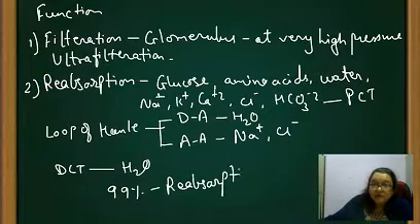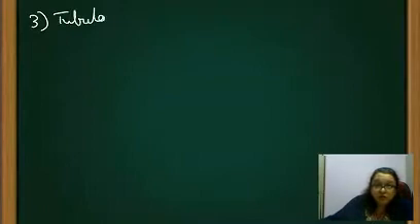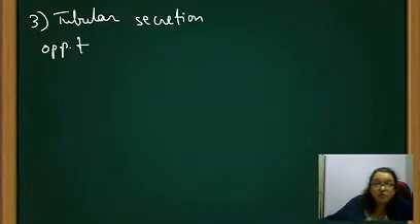Means we are excreting out only 1% of urine. The third important function of nephron is tubular secretion. Tubular secretion is just opposite to the reabsorption function.